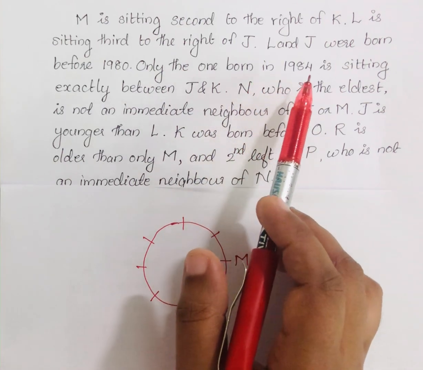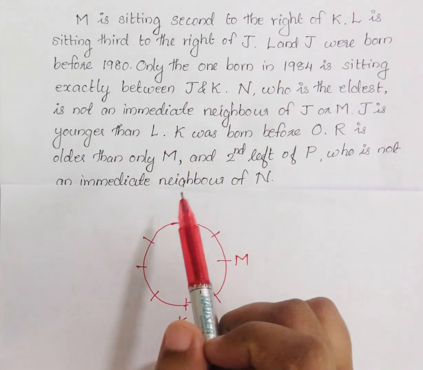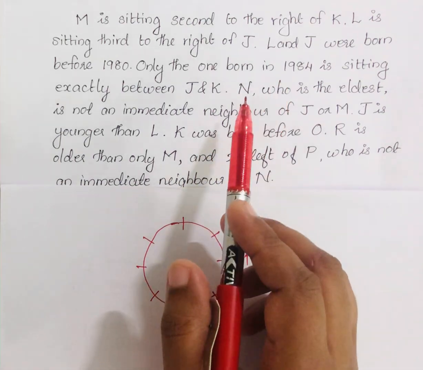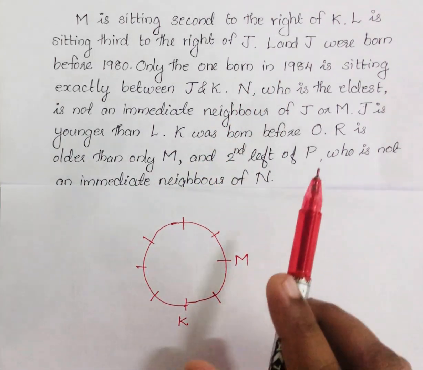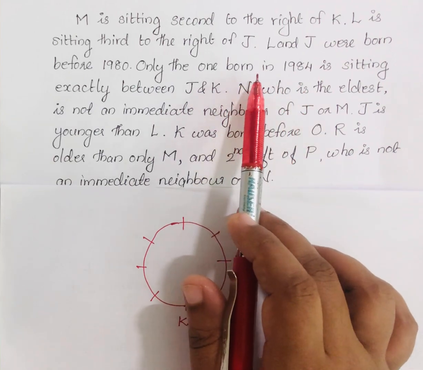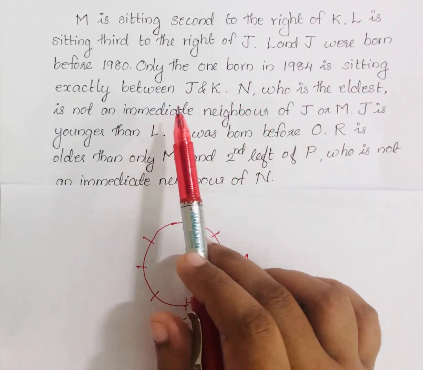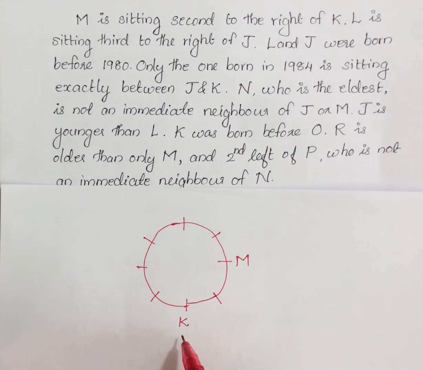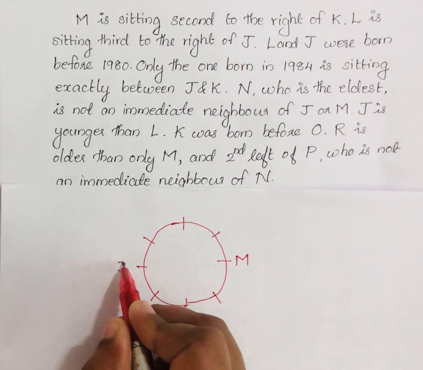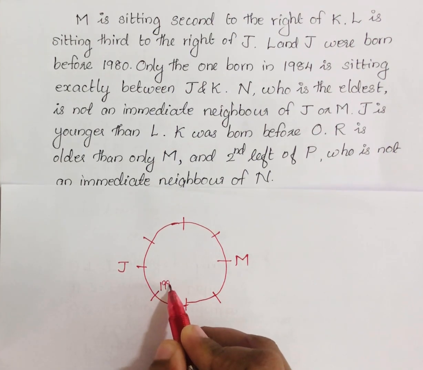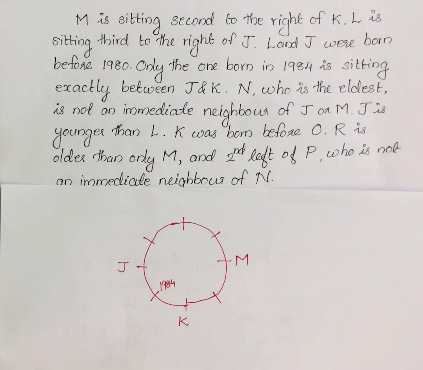The second and third conditions are not related to these people, but in the next condition, the one born in 1984 is sitting exactly between J and K. So already we got K. Now we can put J here and we can mark down 1984 here. The one born in 1984 is exactly between J and K.